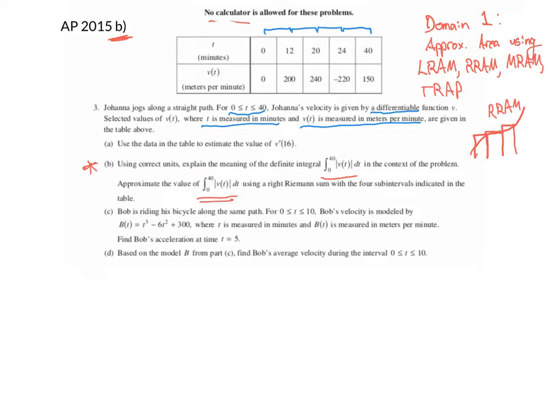Okay, so let's do the setup here. So for part B, there we go. For part B, let's say that the integral from 0 to 40 of the absolute value of v of t is approximately equal to, and then our first rectangle here looks like it's going from 0 to 12, so its width would be 12. And then to find the area of a rectangle, we multiply by the height of that rectangle.